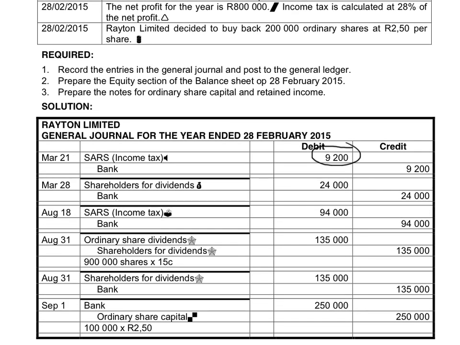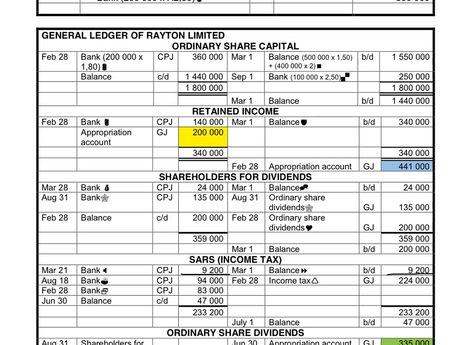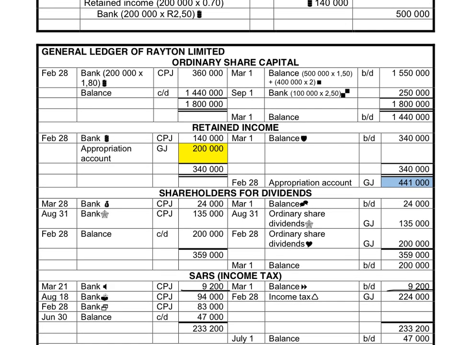So if I look at my journal entry, we will take the 24,000 out of the bank, and we will debit shareholders for dividends with 24,000 to show that this liability decreases. In the ledger, shareholders for dividends is a liability, so it has a credit balance of 24,000, and when we pay the money, we will debit the shareholders to show that we don't owe that 24,000 anymore.